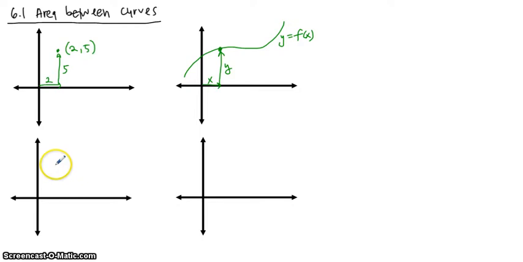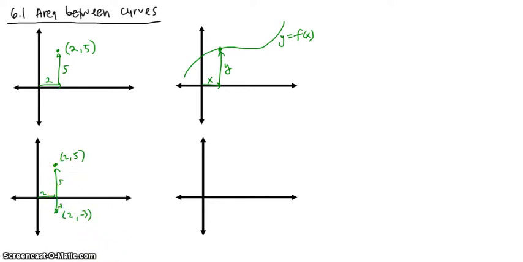Now, distance between 2 points works the exact same way, where I go from the origin, I go over 2. This might be (2, -3). I go over 2, and from the axis I go up 5. From the axis I go down 3, right?